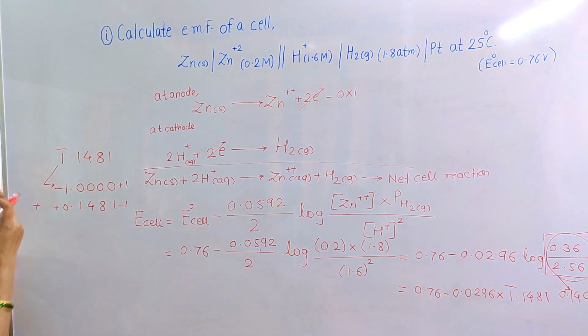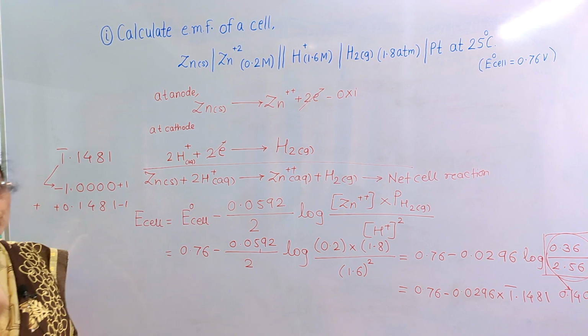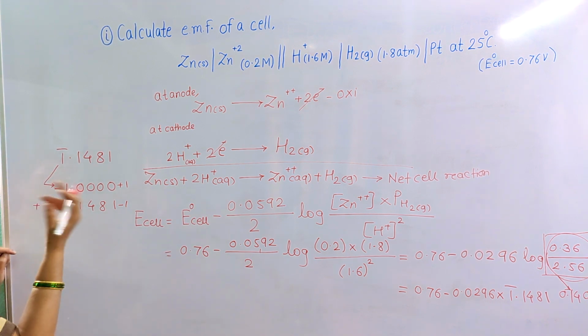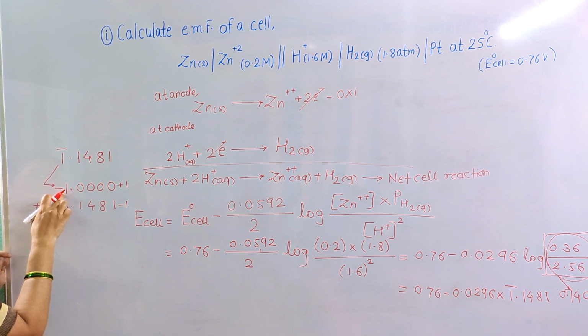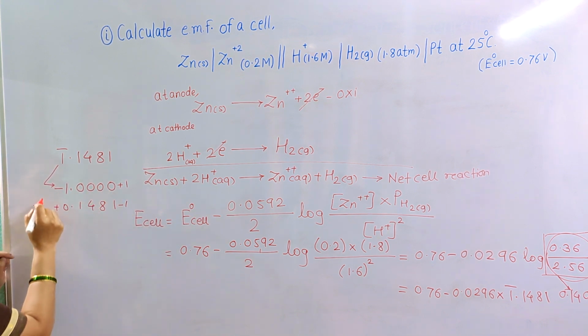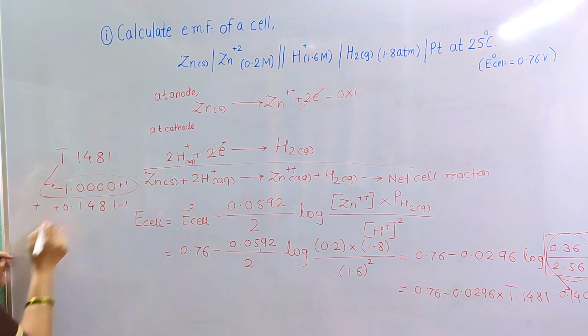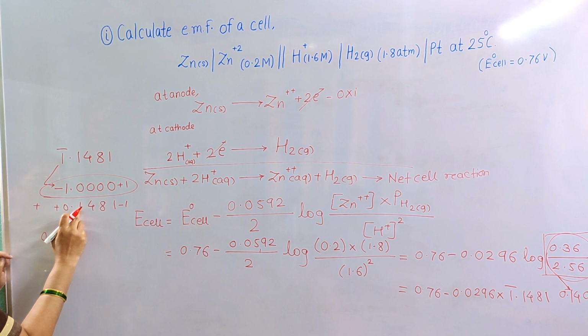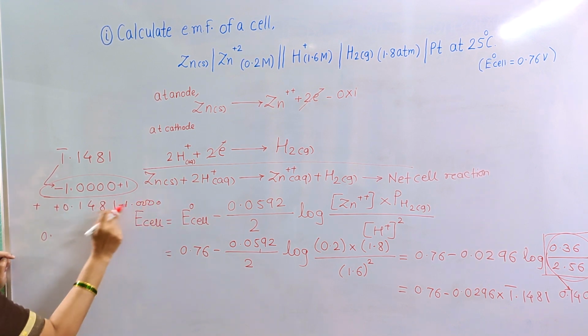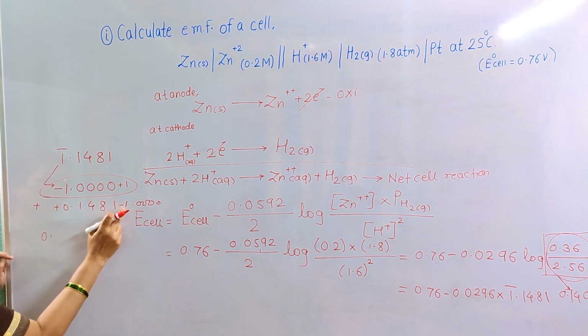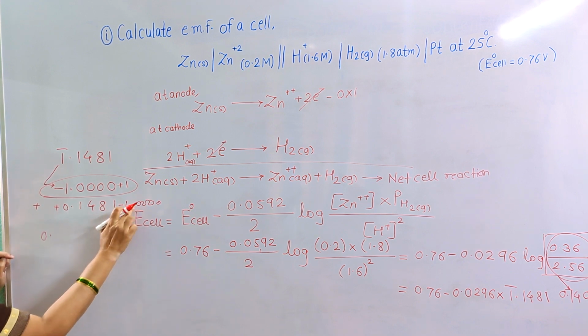We did this when we solved problems for the pH of a solution. Here minus 1 plus 1 is 0, and 0.1481 minus 1: this is the value which is greater, so we have to subtract this value from it and give the sign of the greater value. That means this value will become negative.